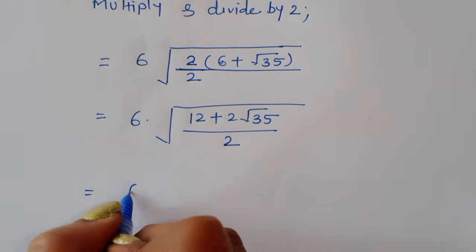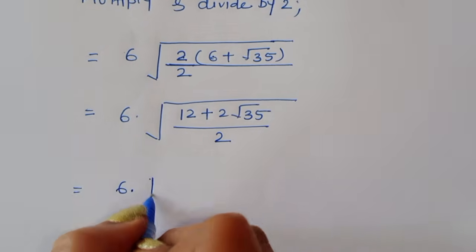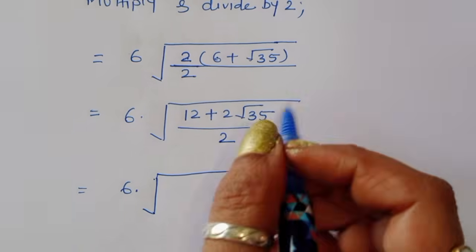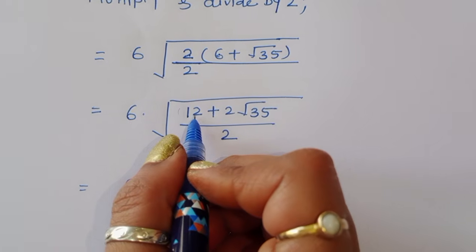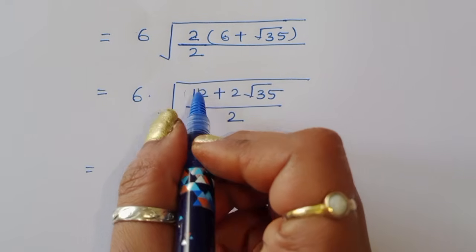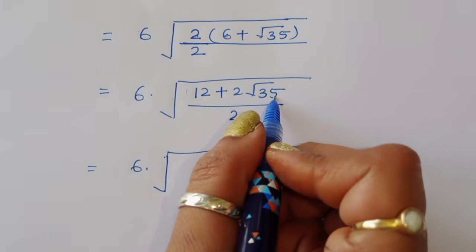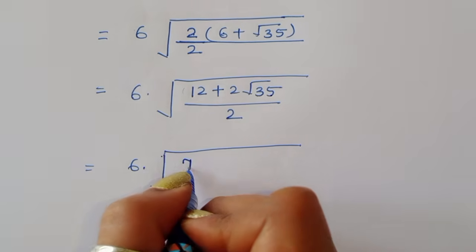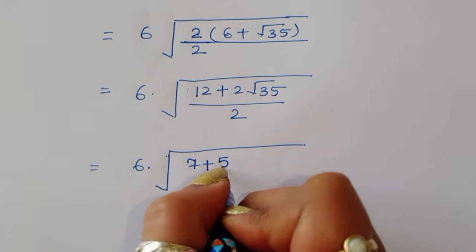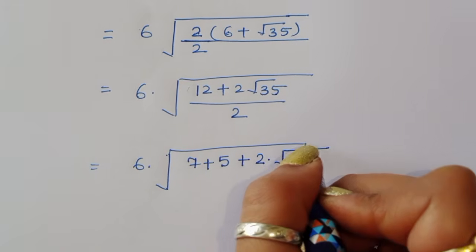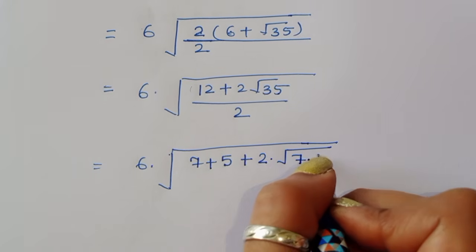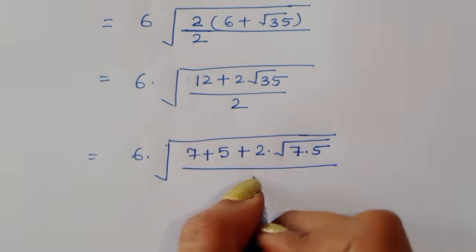Now it is 6 times square root. Here this is 12, so we can write it as 7 plus 5. 7 plus 5 is 12, and 7 times 5 is 35. So we take 7 plus 5 plus 2 times square root of 7 times 5, divided by 2.